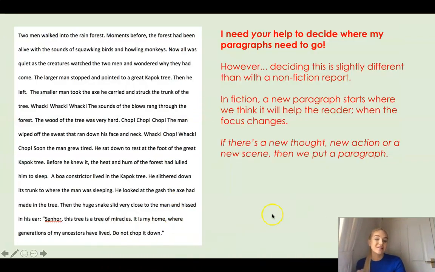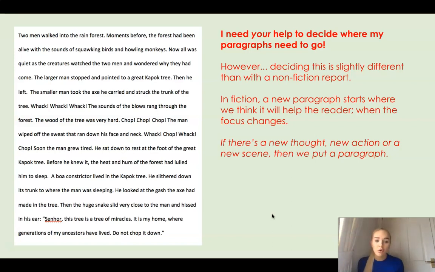So here I've got the same text and I need your help to decide where my paragraphs need to go. But it's slightly different when we're deciding this with a fiction piece of text, because we looked at non-fiction reports on Wednesday and that was pretty easy because we organised the statements into subheadings. But in fiction, a new paragraph starts where we think it will help the reader, when the focus changes.